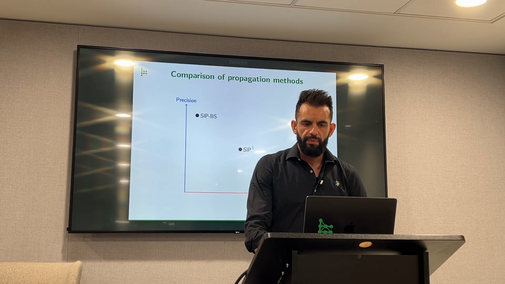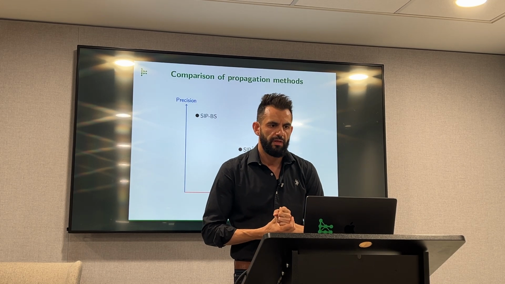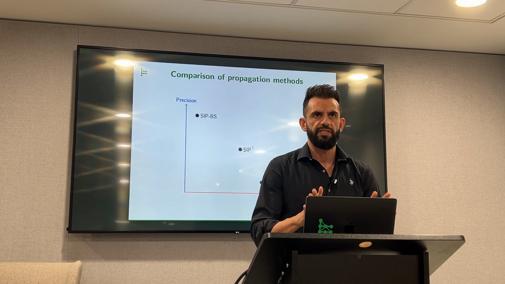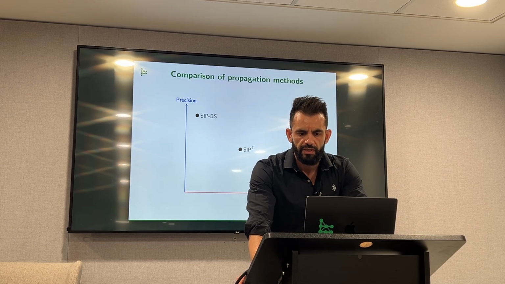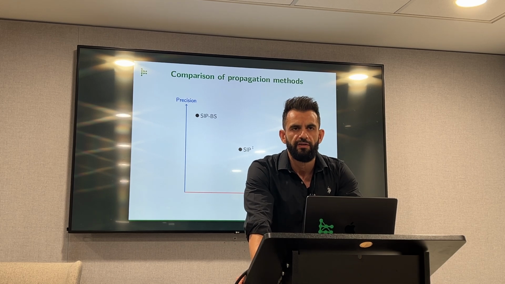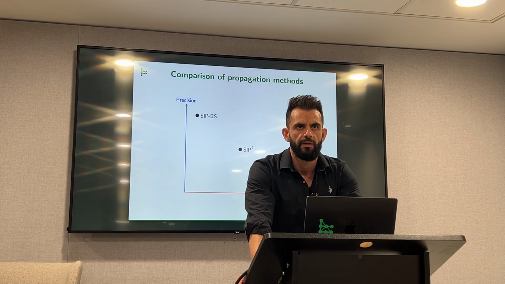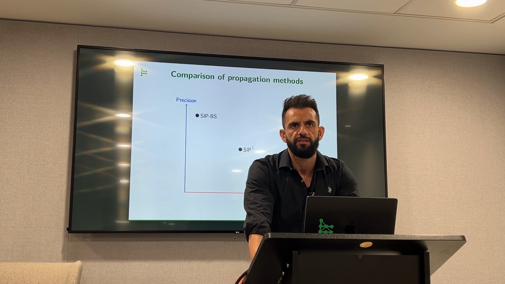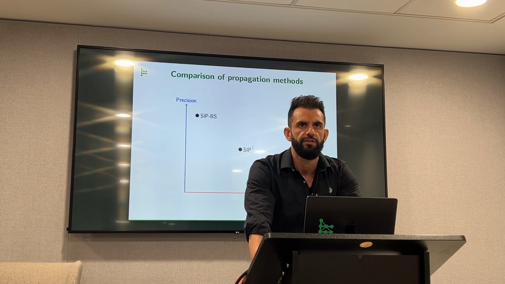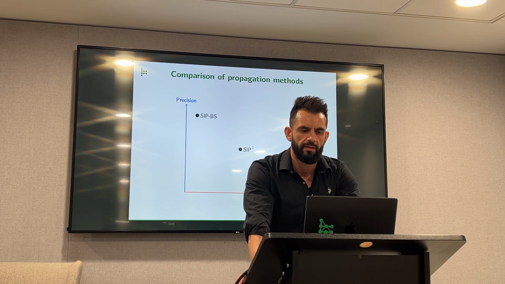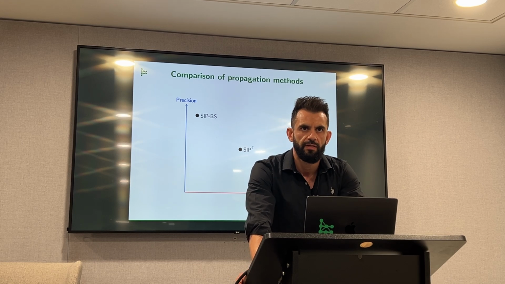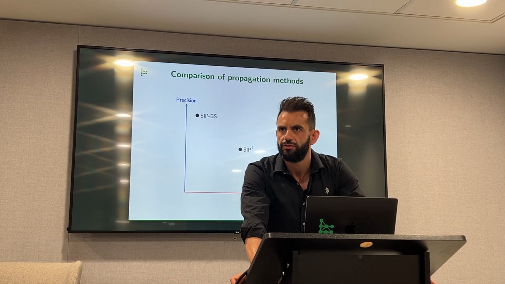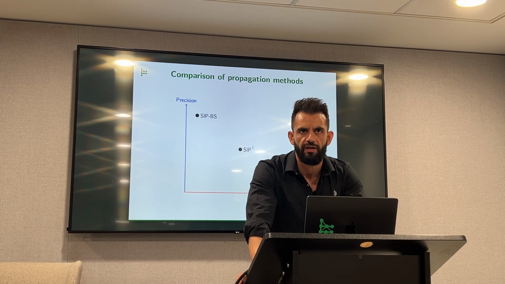Now, if we were to compare these methods, they would look like this. This is not a precise comparison, it's something that I drew by hand. But what we have is that interval propagation is very fast, but very loose. It's so loose that it can struggle to analyze networks of even hundreds of nodes. Symbolic interval propagation is slower, but more precise, but still it can struggle to analyze networks with even thousands of nodes.